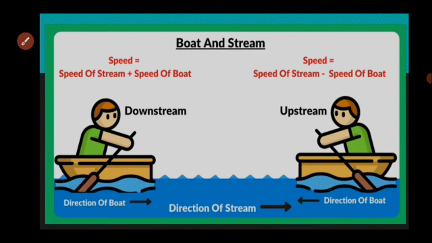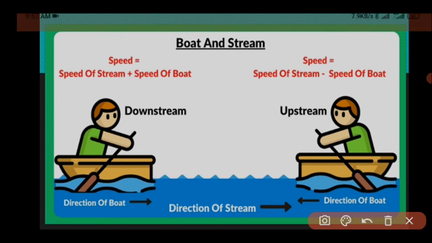The next topic is boats and streams. This topic also we have studied in the smaller class, in class 10. What is the meaning of boats and streams? Here, if the boat is rowing in the direction of the stream, then it is called downstream.